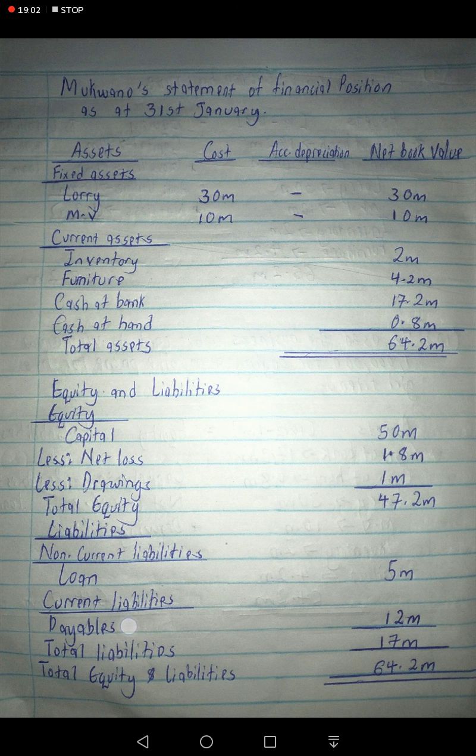Then you're having payables, and that will be all. So your loan will be of 5M, and then the current liability is going to be 12M, and then total liability, when you add 5 plus 12, you're going to get 17M. So when you add this plus the 17M, you're going to get 64.2M.